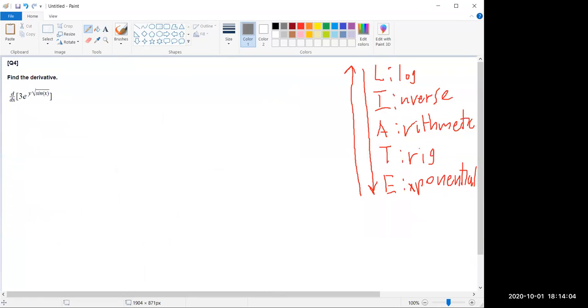So this is number 4. Yeah, this one, there's no typo here. That one is supposed to be a y and sine of x. So here we want to take the derivative. Remember that d dx is another way of saying derivative.